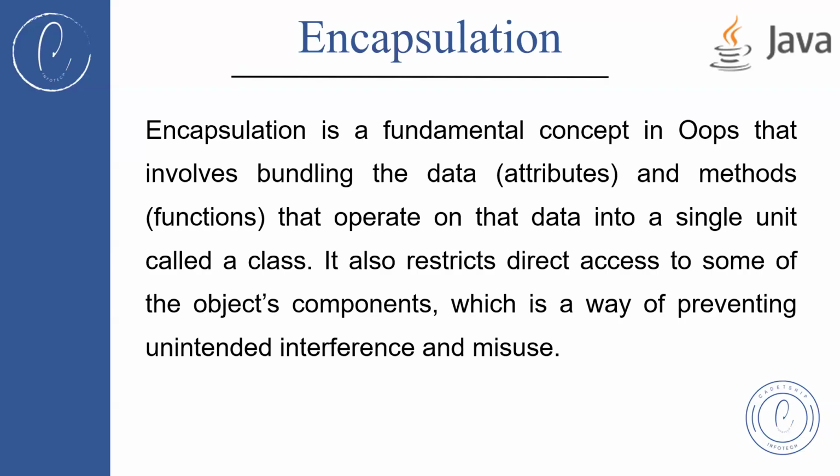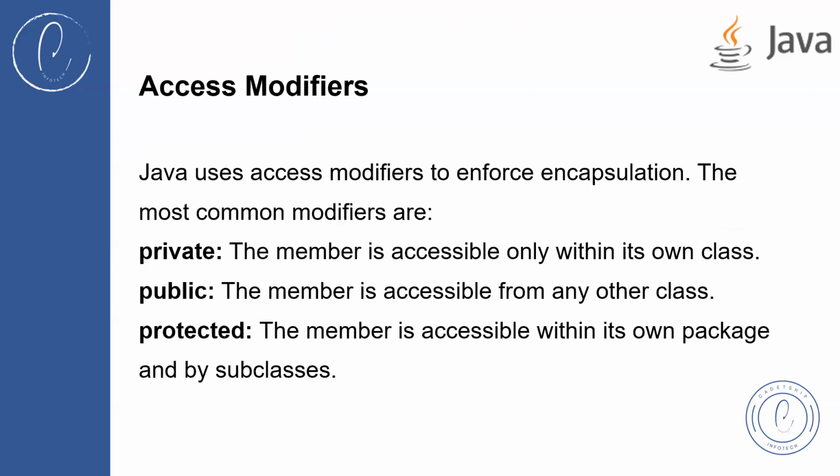So, encapsulation is a quite important concept that is used widely. So, how do we achieve encapsulation? We know that it involves bundling the data and methods that operate on that data within a single unit. So that's what encapsulation does.